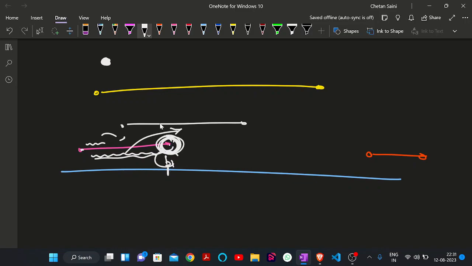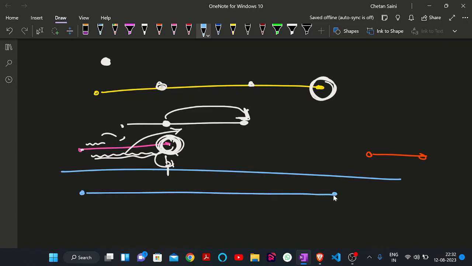Now if you are at this point, then from this point you can go here, right? And if you are here, either here or here, then you can go to this point also. So basically, if you are anywhere on this segment, then you can come to this point.